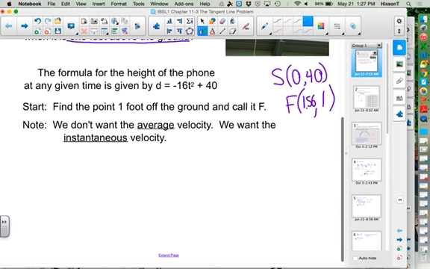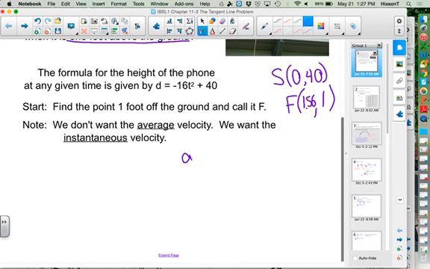Now, think with me here. How would I find average velocity? You'd get the slope between those 2 points. It's distance traveled over the amount of time elapsed, right?